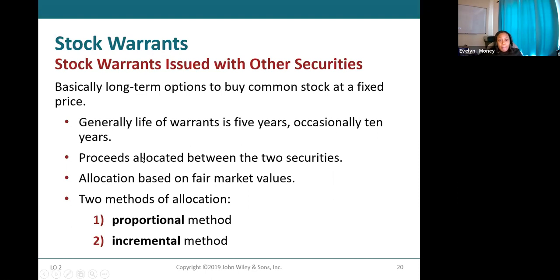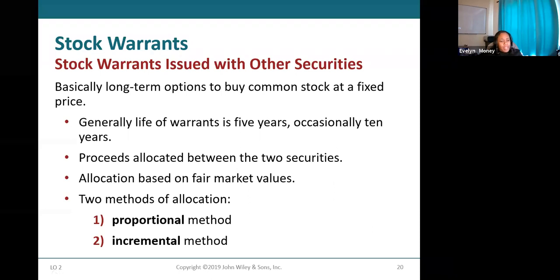So in looking at a security that is packaged with a stock warrant and some type of debt, we have to find out what portion of that price should be allocated to the warrants, what portion should be allocated to the other instrument.